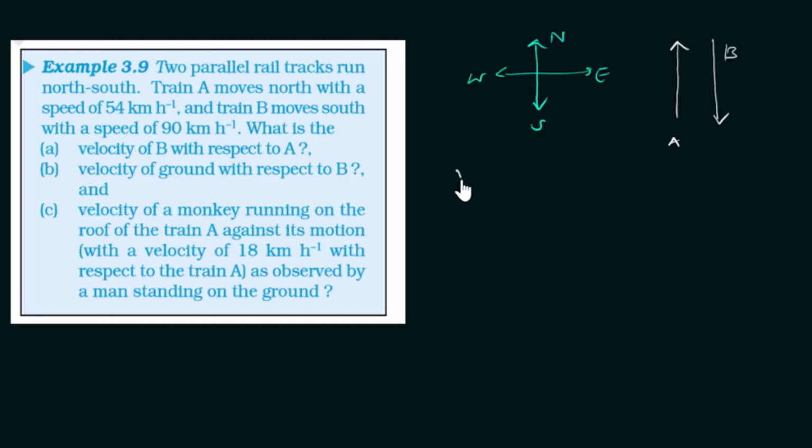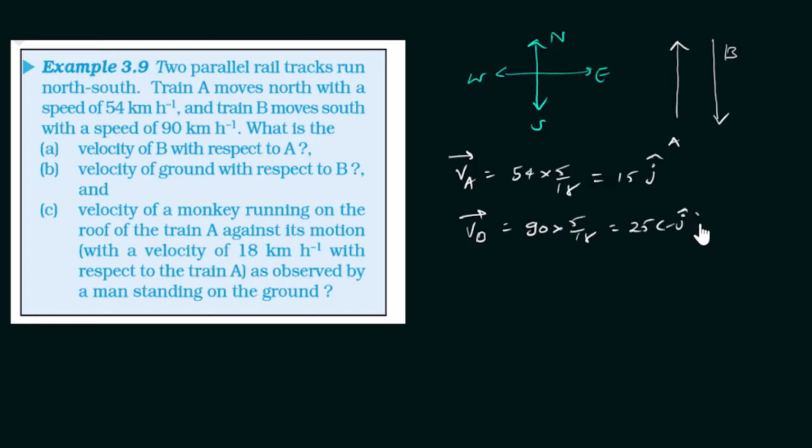So the velocity of A is 54 km per hour, which is 54 into 5 upon 18. 18 threes are 54, 3 fives are 15, so this is 15 j cap. The second one is VB, which is 90 into 5 upon 18. 18 fives are 90, 5 fives are 25, so minus 25 j cap.